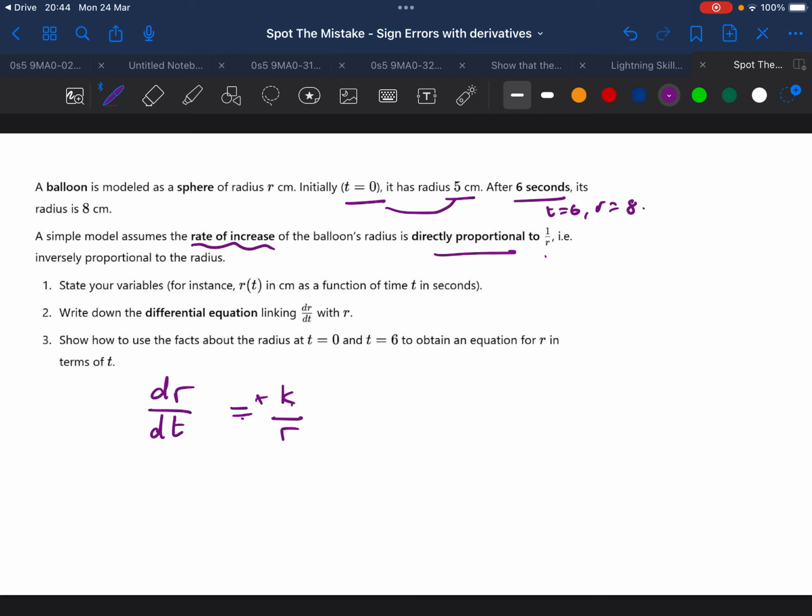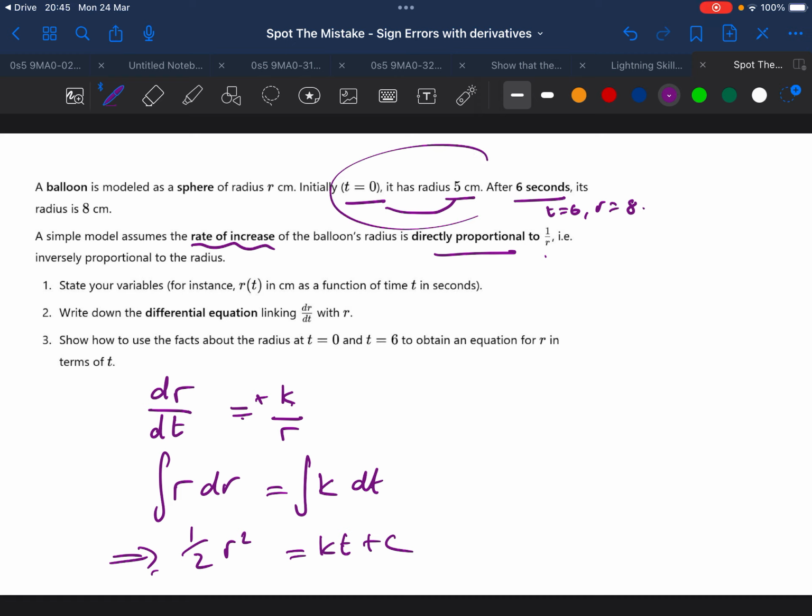What I would do next is the same thing again. I would do r dr equals k dt. We would integrate, kt plus c. And usually as soon as you integrate, that's the time to start using your information. Normally with t equals 0, that will give you your c value.